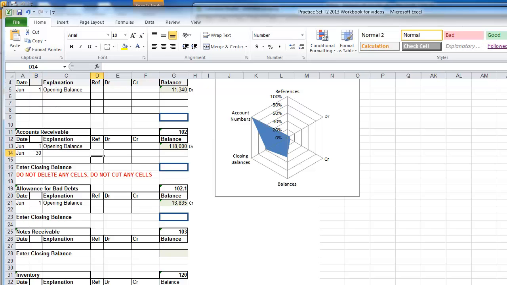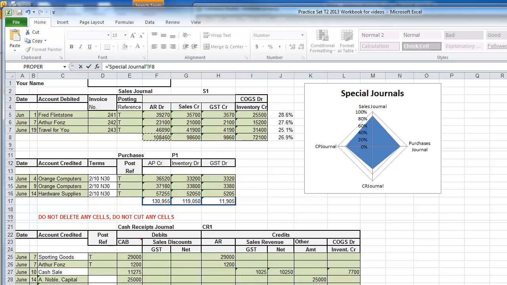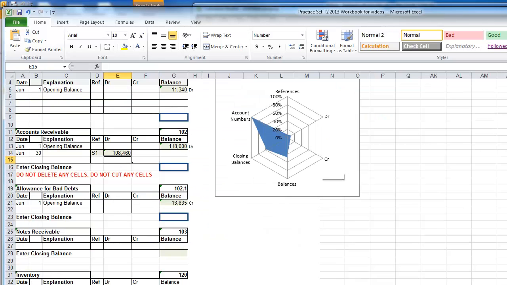This is going to be sales journal 1, and debit, special journal sales 108,460. Now, for many of you, the easiest thing to do would be to just write that number in, print off your special journals and post them into the general ledger. It'd be almost your quickest way.